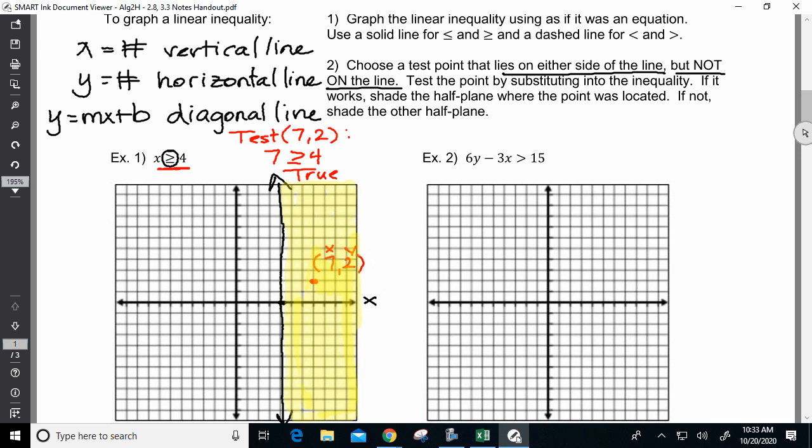All right, let's move to example 2. Example 2: 6y minus 3x is greater than 15. So first things first, we have to get this in slope-intercept form.